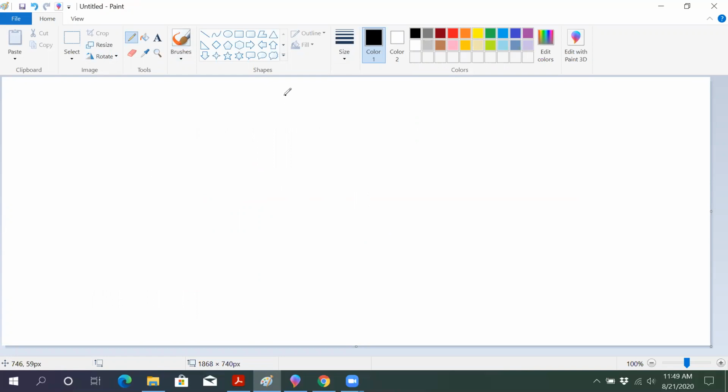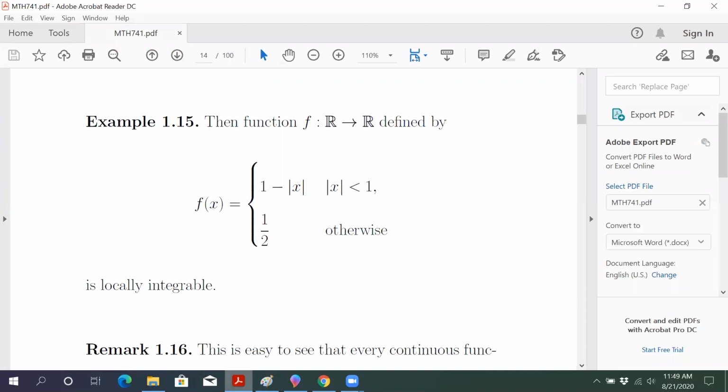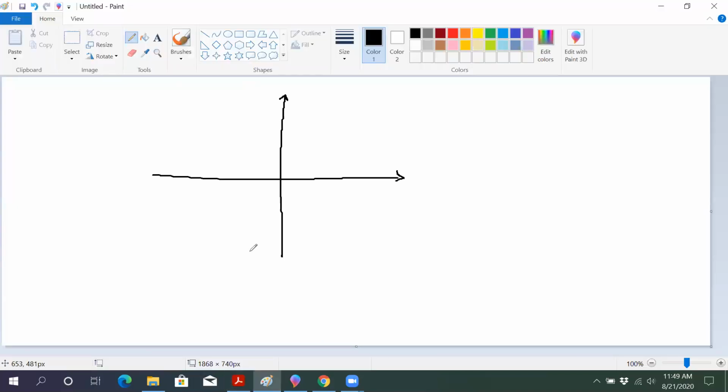Okay, I try to sketch here for you. Let's say this is the y-axis, this is the x-axis. Look at every x between 1 and -1, the absolute value of x, we have minus, goes up here.